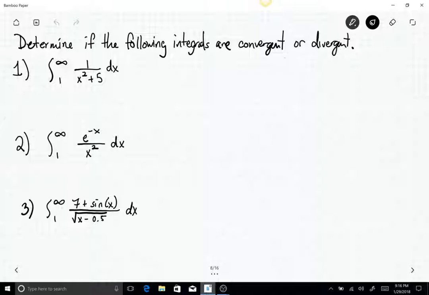So is this thing convergent or is this thing divergent? So convergent, very good. So that's actually a real good guess right out the gate. And I'll kind of explain why. The key component that I would look for is what that x value is.